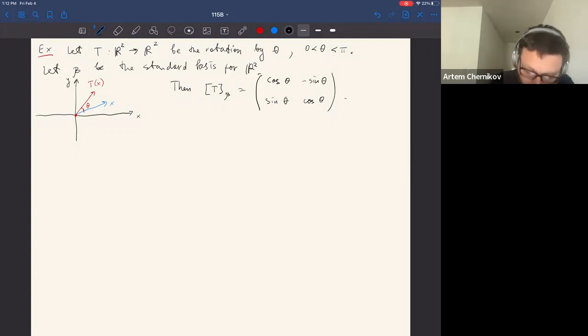Now, what do we have? If we calculate it, I'm not going to spell out the calculation. You can do it yourself as an exercise.